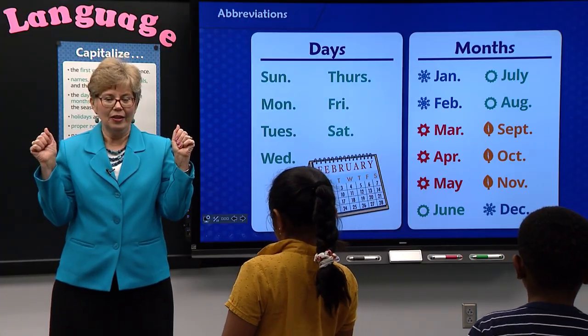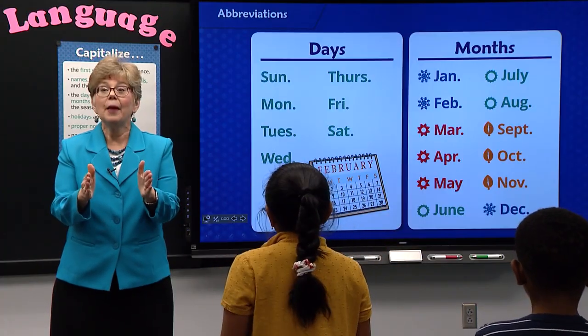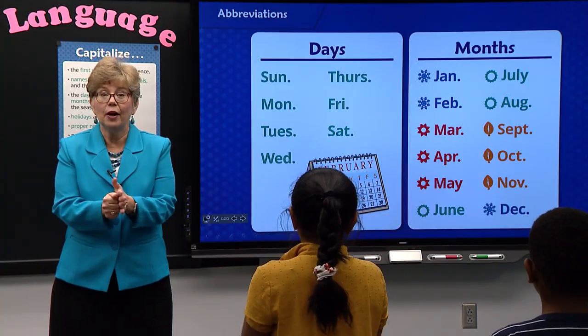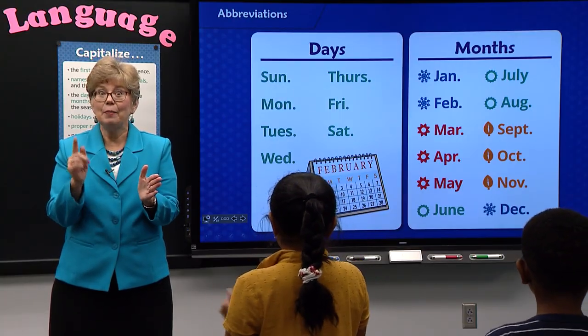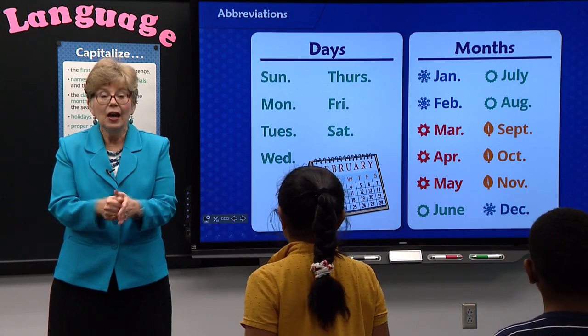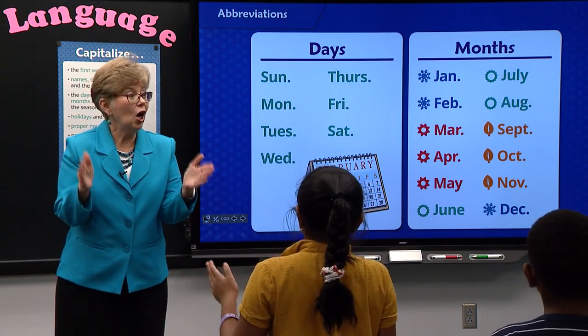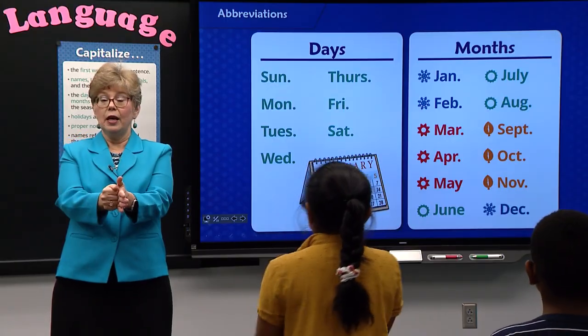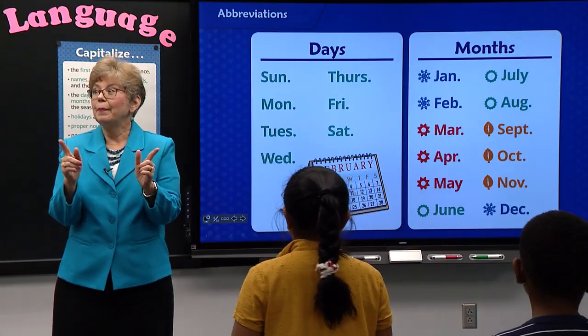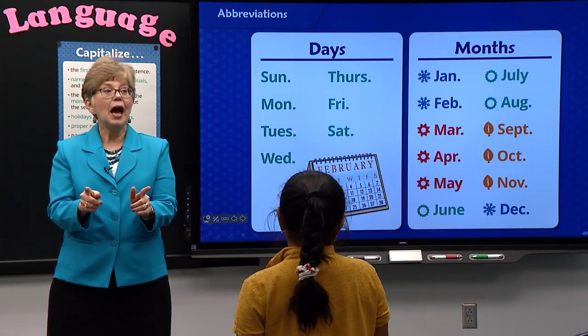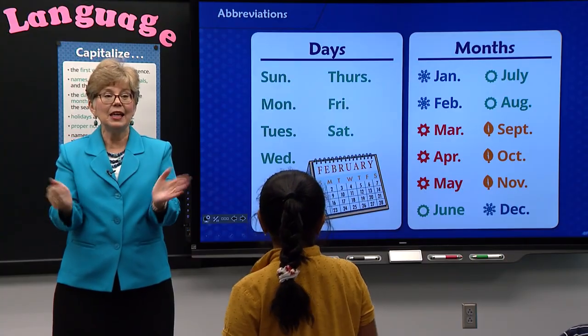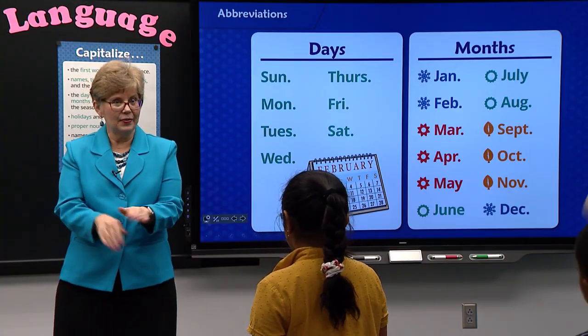Nothing, good job. August, capital A-U-G, period. September, capital S-E-P-T, period. October, capital O-C-T, period. November, capital N-O-V, period. December, capital D-E-C, period. Well done, you may have a seat.